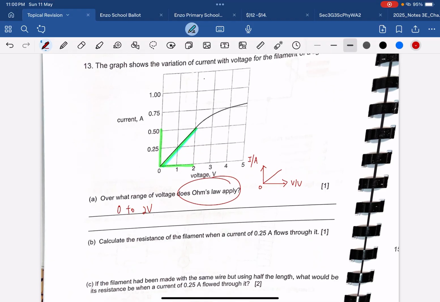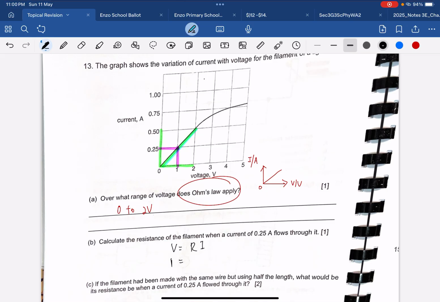Okay, next one, calculate the resistance of the filament when this much of current flows through it. So this much of current, it will be this. Then you must let it hit the graph, then it goes to 1. So what's the resistance? V equals Ri, R is the unknown.